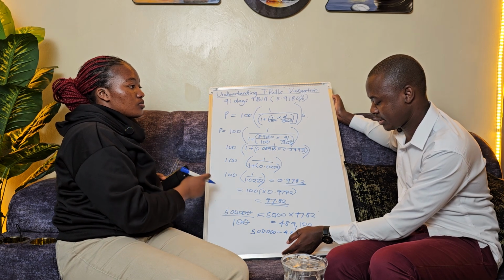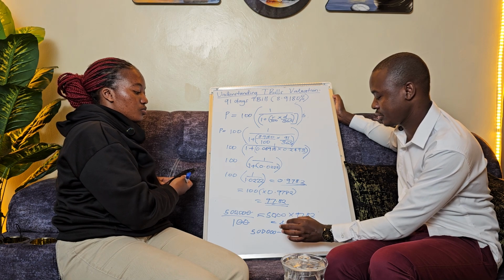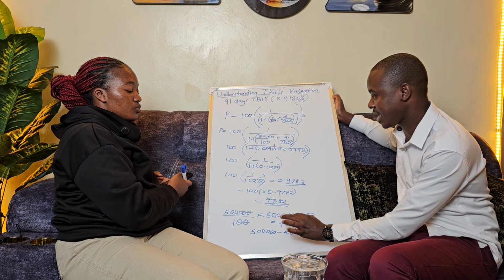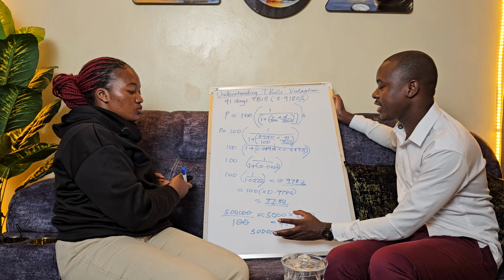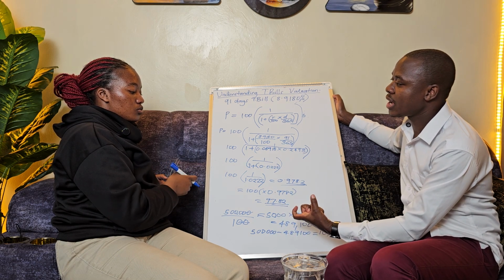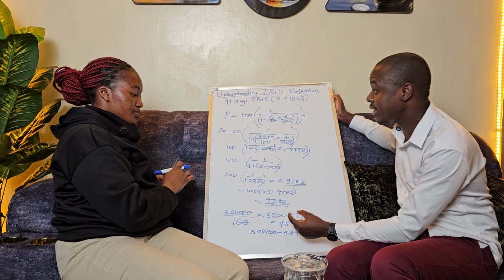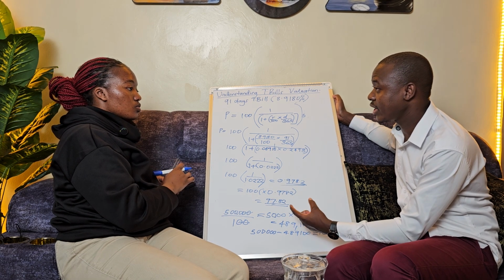You pay the tax upfront, because with this type of treasury bill, you pay a discounted amount, then you get the face value.